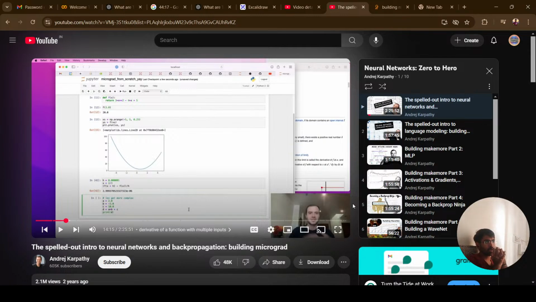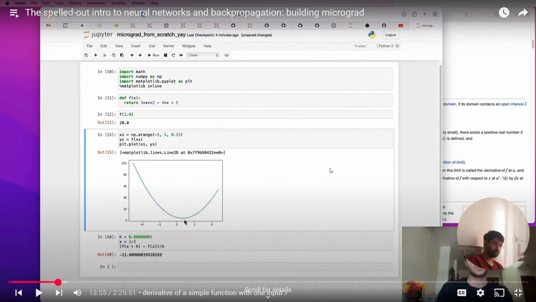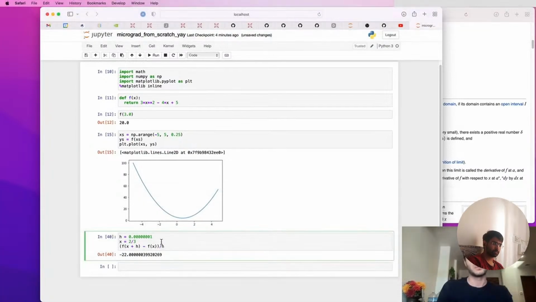Means if we increase this... I didn't get it. Here, this derivative would be 0.